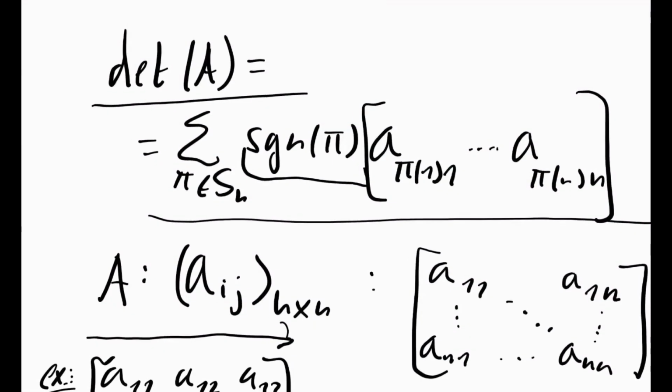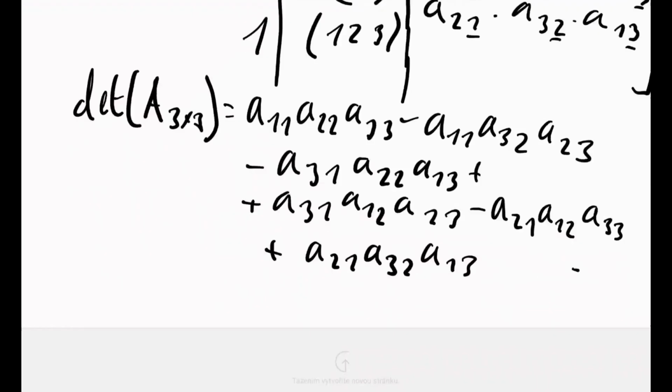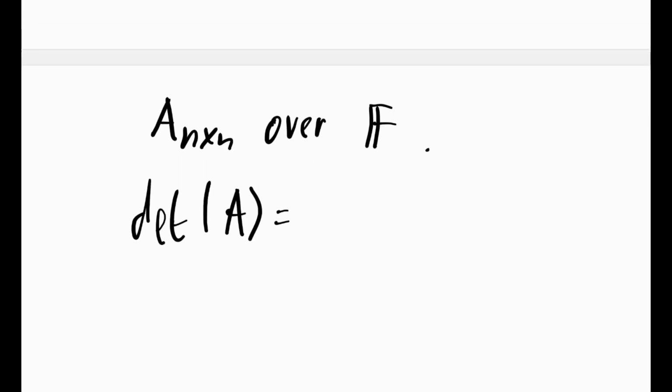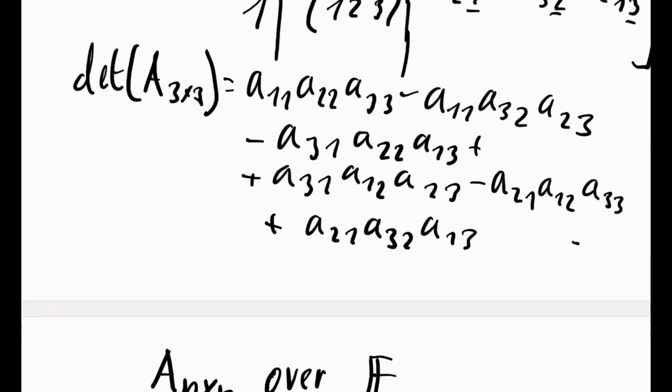And the generalized case is, of course, the formula we had right in the beginning, which we could also just reinterpret in a little bit easier fashion if we want to really minimize the notation. Let's take some matrix n by n over some field F. The determinant of the matrix is going to be the exact same thing, but what it really means is we just always need to write all the products.